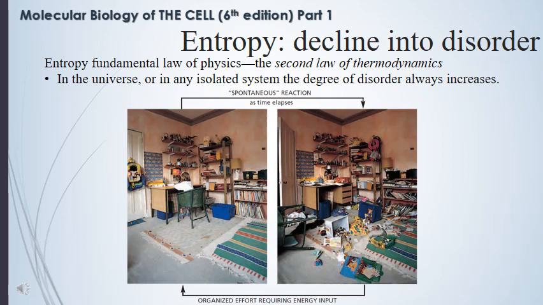So basically the transfer from image 1 to image 2 is a spontaneous reaction as time elapses, of course, right? It's easy to let kids run around the room and then come back in half an hour and everything is destroyed. All the toys are everywhere, right? Easy. That's an increase in entropy.